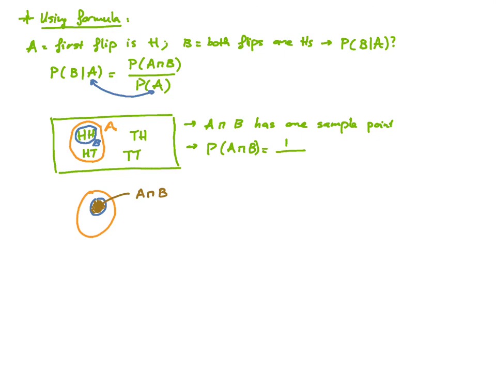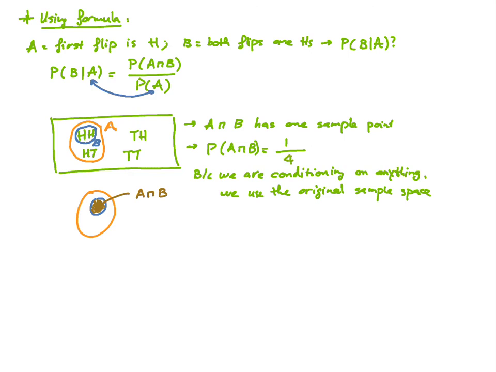Notice that here we're not conditioning on anything, and so we use the original sample space. The original sample space consists of 4 sample points, and so the probability of the intersection of A and B is 1/4.